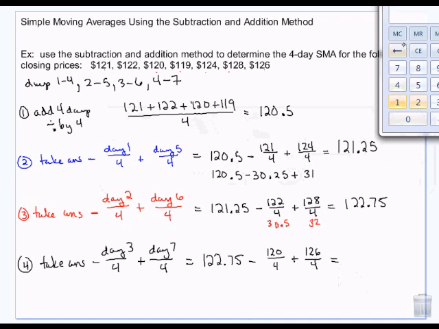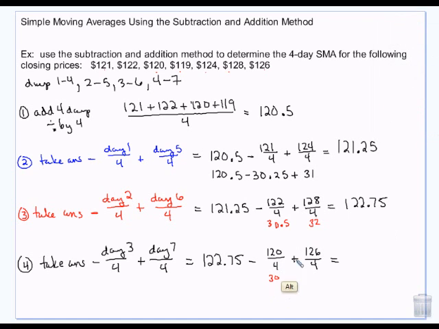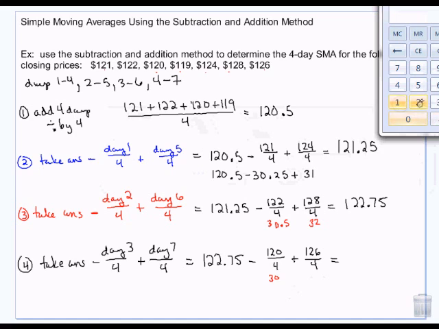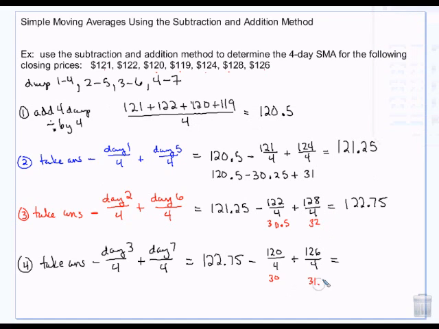So 120 divided by 4 is 30. I could have done that in my head. 126 divided by 4 is 31.5. And the answer that you'll get for that is 124.25.